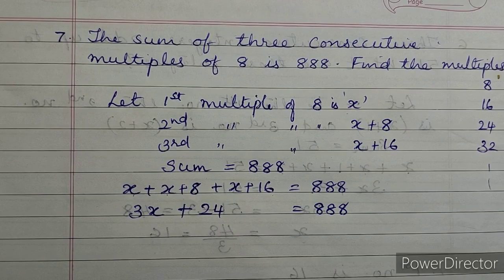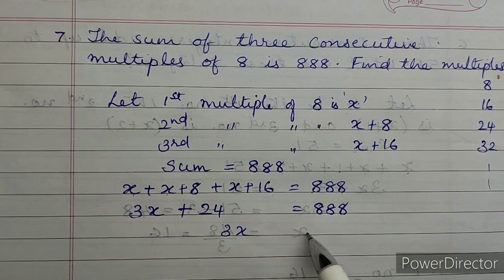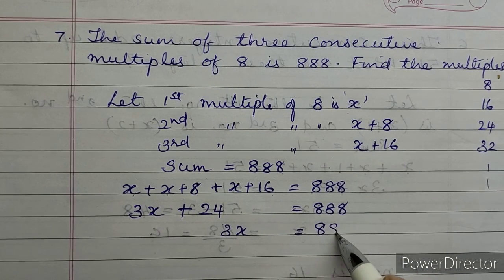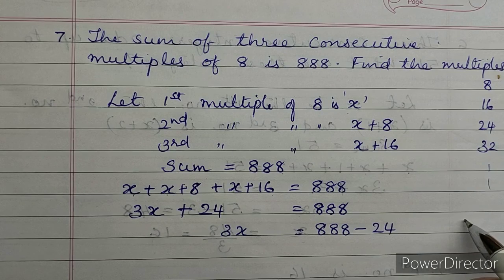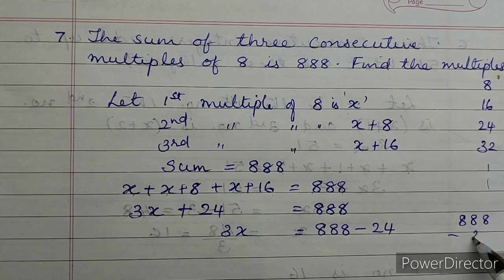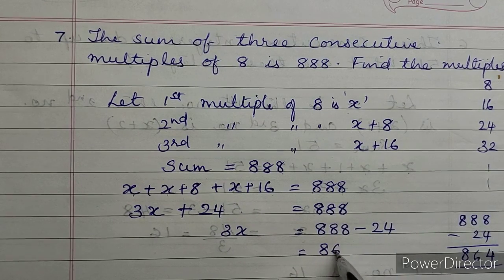Now you have to find the x value. It's a linear equation. 3x you keep here, and 24 you bring to the other side. So 888 minus 24, subtract it. 888 minus 24 is 864.